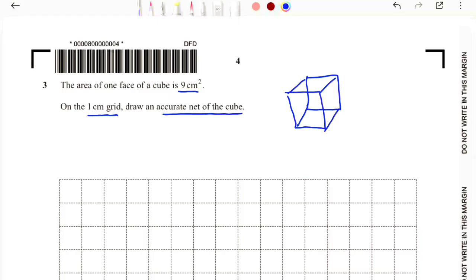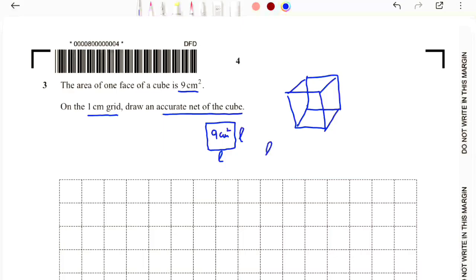If you see that the area of one face, let us suppose this is the first face of your cube, that is 9 centimeters square. With area, what would be the length of each side of this square?